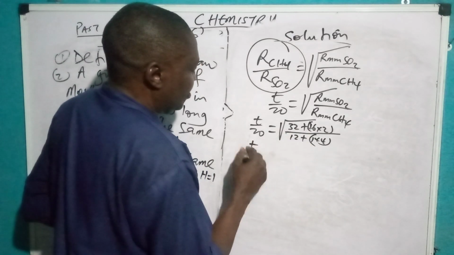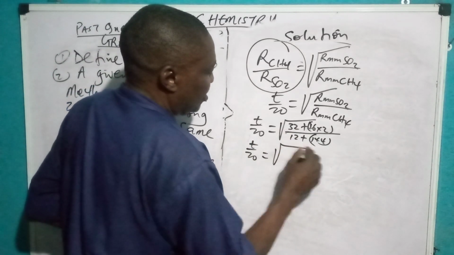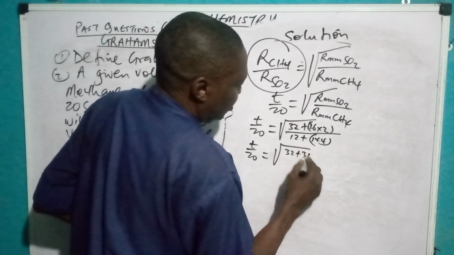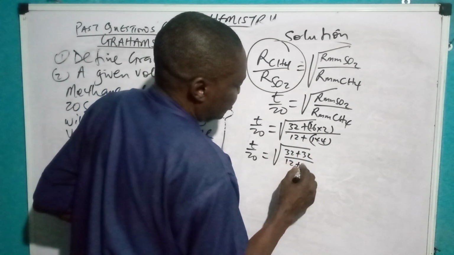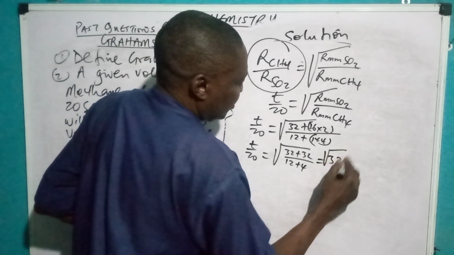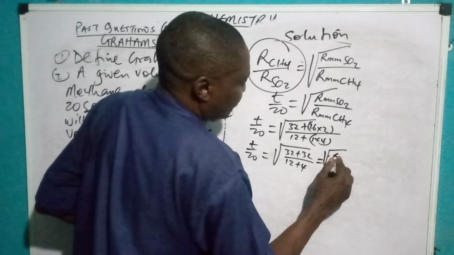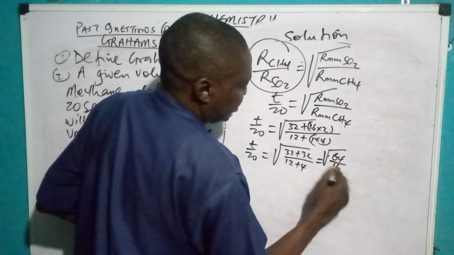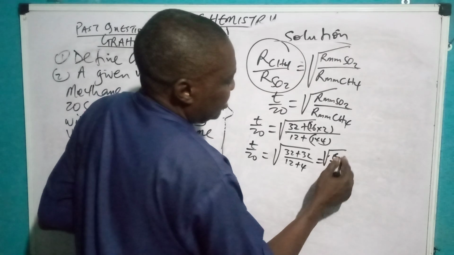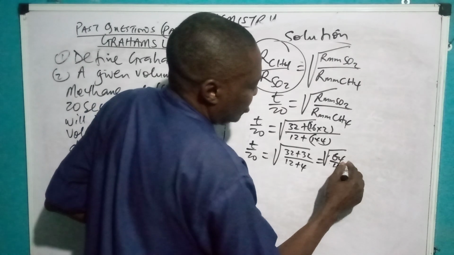So now we have T over 20 equals square root of 32 plus 32 over 12 plus 4. That gives 32 plus 32, that's 64 over 16. You can also break it down, removing the square root together, or you put it like this.